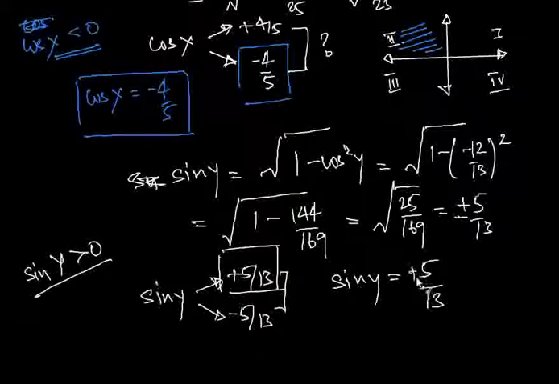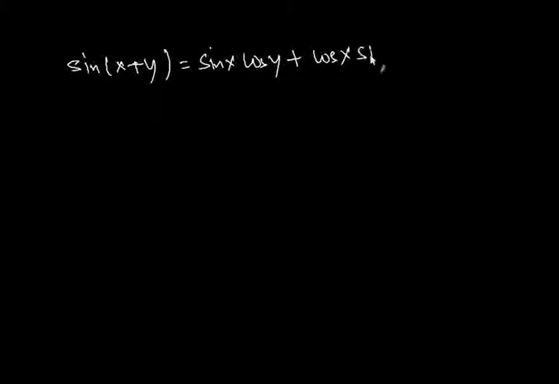Now we have all the numbers that we need to calculate sine x plus y. So let me do that on a new screen. What we had was sine x plus y is equal to sine x cos y plus cos x sine y. Sine x was equal to 3 by 5, and cos y was equal to minus 12 by 13.